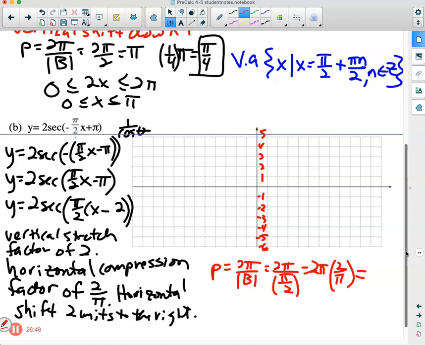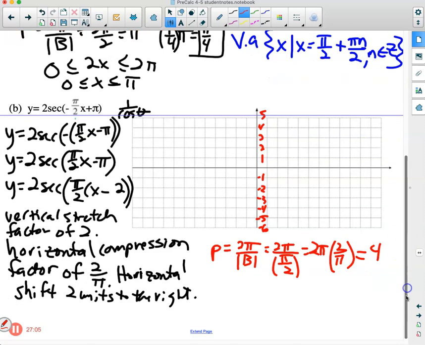The pi's drop out, and we get 4. Well, let's see our inequality, because a fourth of 4 is 1. So we're going to be able to go by 1s on the x-axis? Well, secant goes from 0 to 2 pi, just like cosine, and we have pi over 2x minus pi.